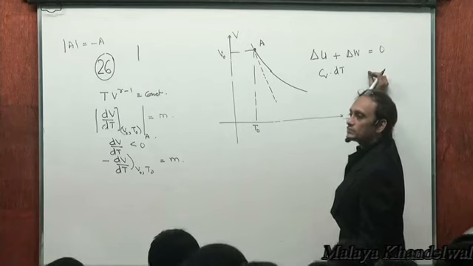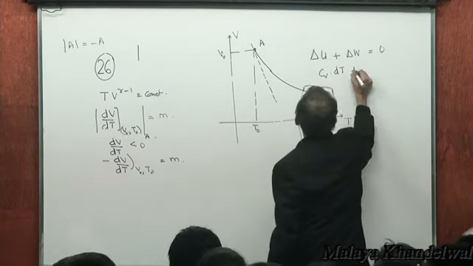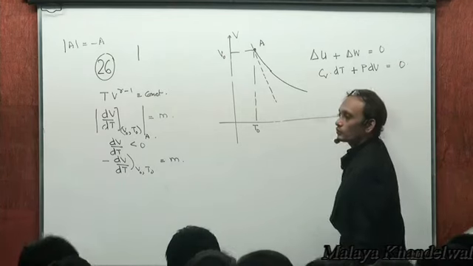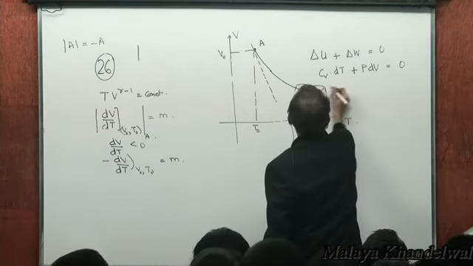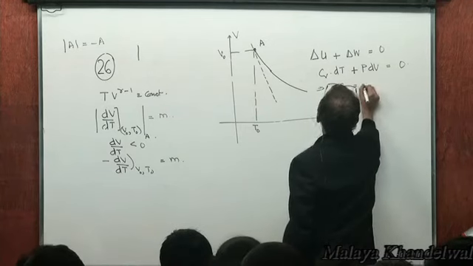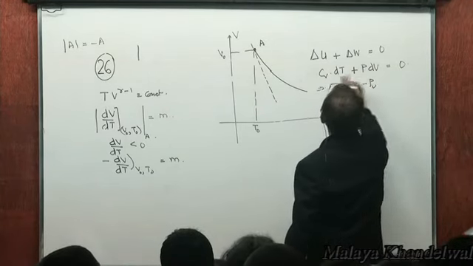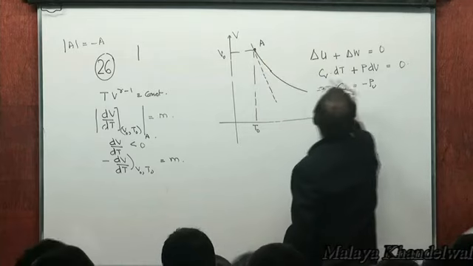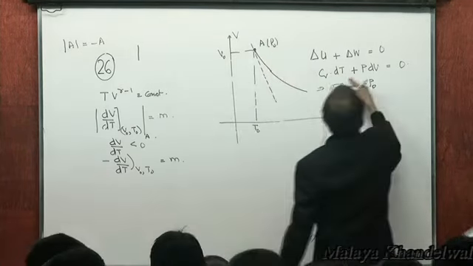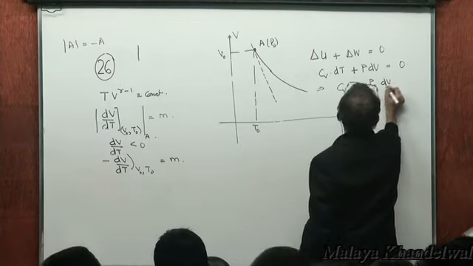Work done is PdV. Therefore, Cv would be, at P equal to P naught, if I take dt and dV from this point, then the pressure here is say P naught, so it's going to be minus P naught dV dt.